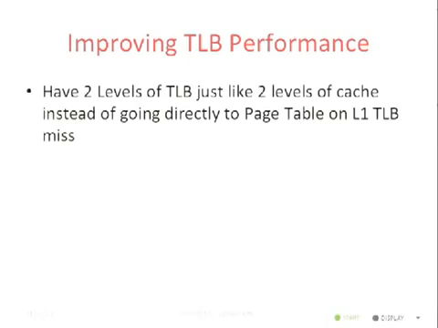Well, we went from having just an L1 cache to having a bigger L2 cache behind it. So you look in L1 first. If it's not there, that's a miss in L1, and you look in L2. Okay, so you can do the same thing with the TLB, and a lot of modern processors now have multiple levels of TLB. Not usually more than two, but a lot of processors will have two levels of TLB. So that's one way to speed it up, and you already know how to do that because you understand caching.